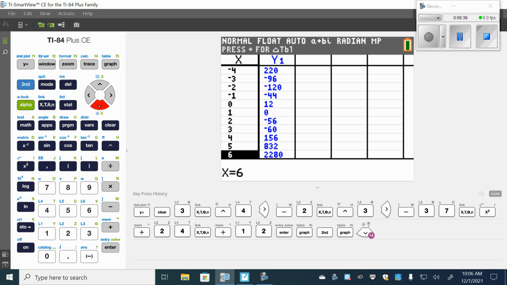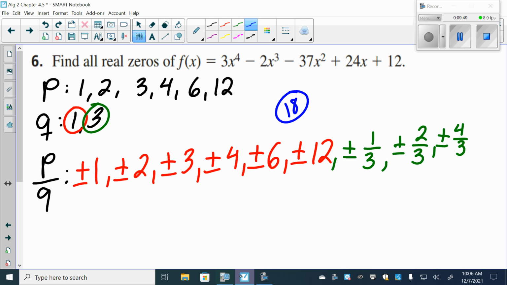And then between 3 and 4 it went from negative to positive. So that's where we can know that there are solutions there. But the one I would want to use first is when x is 1.